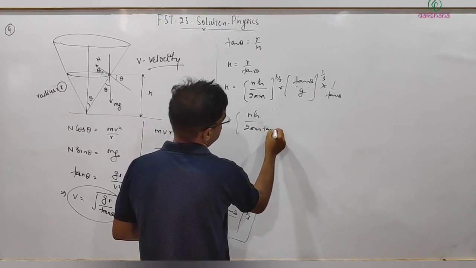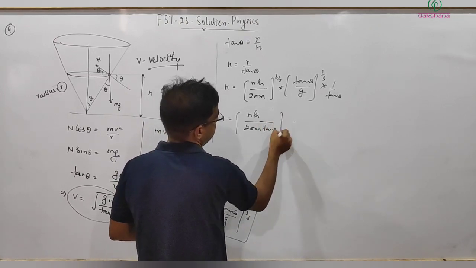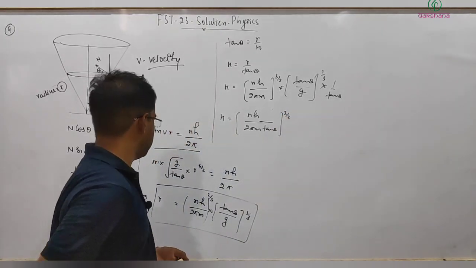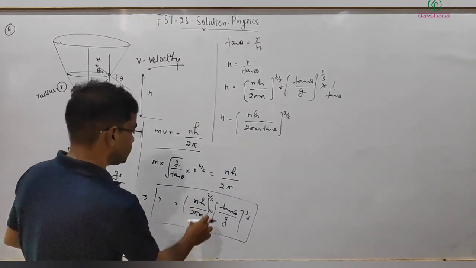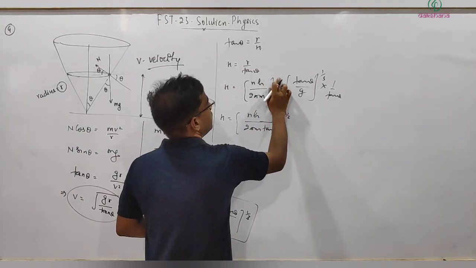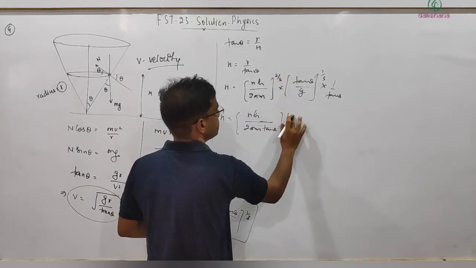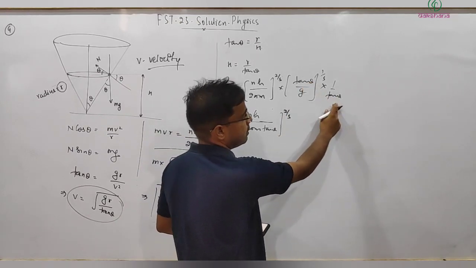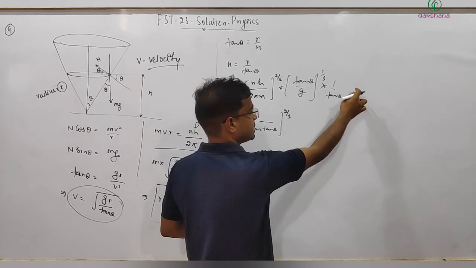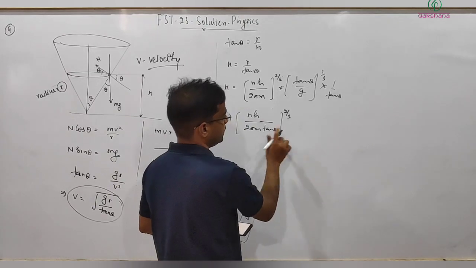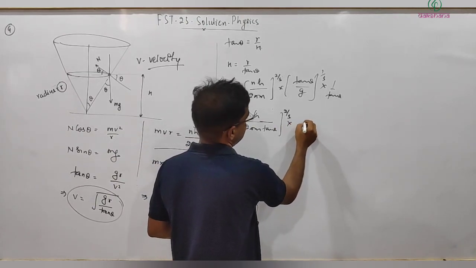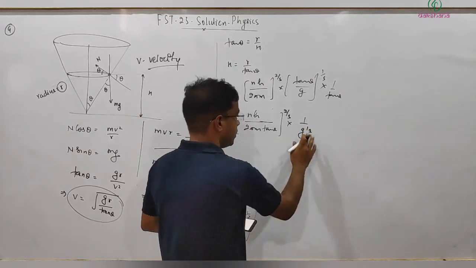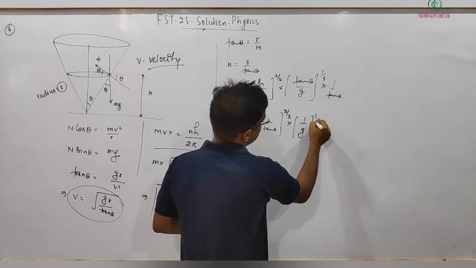Tan theta has power 1 by 3 and here it will be tan power 1, so 1 minus 1 by 3 gives 2 by 3 in the denominator, and then what is left is 1 by g power 1 by 3.